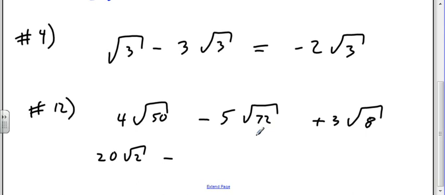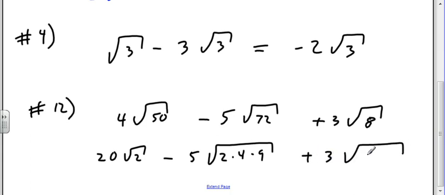72 is 8 times 9, right? So that's 5 the square root of 2 times 4 times 9 plus 3 the square root of 2 times 4. All right, and I would have done all that in my head anyway.